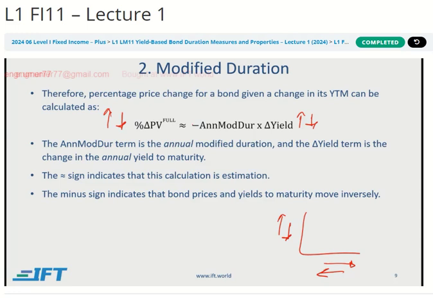But how much does the bond price go up and down? For every 1% change in yield, it is the modified duration that tells you how much the bond price will go up or down. And we are talking about the annual modified duration and the annual yield over here.